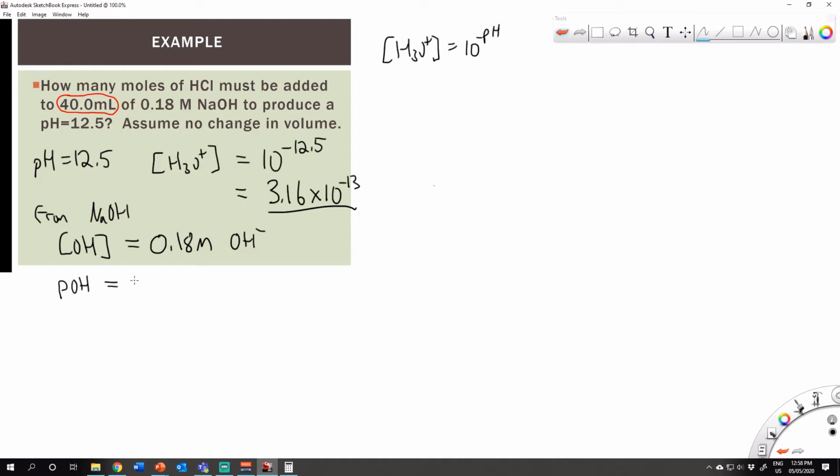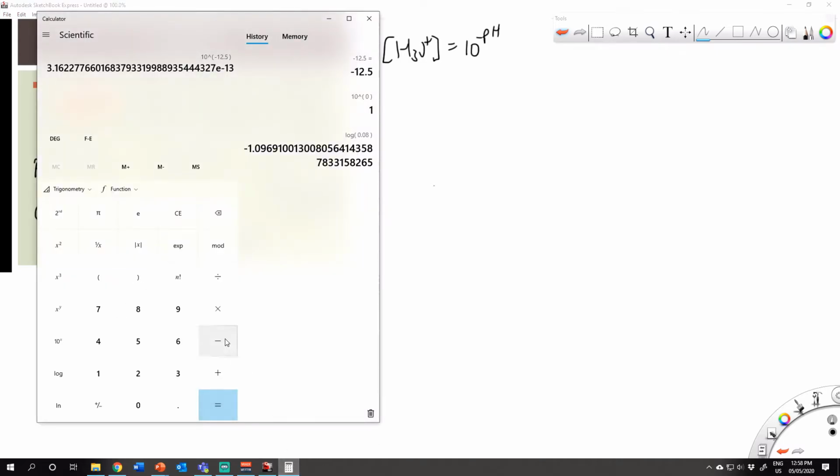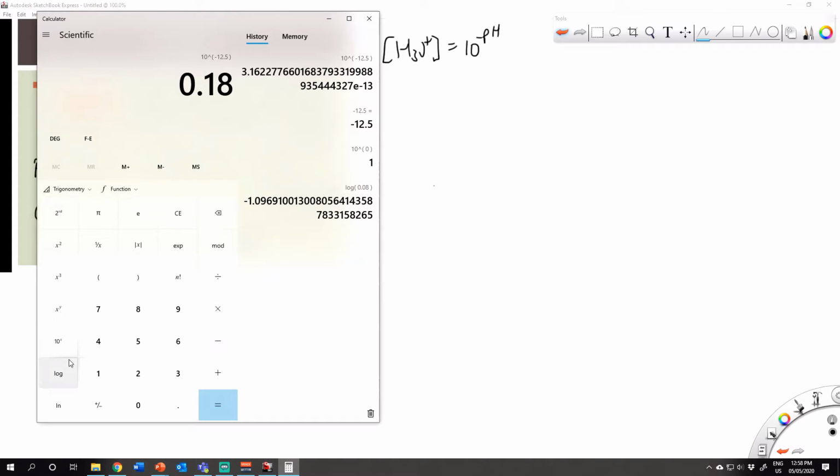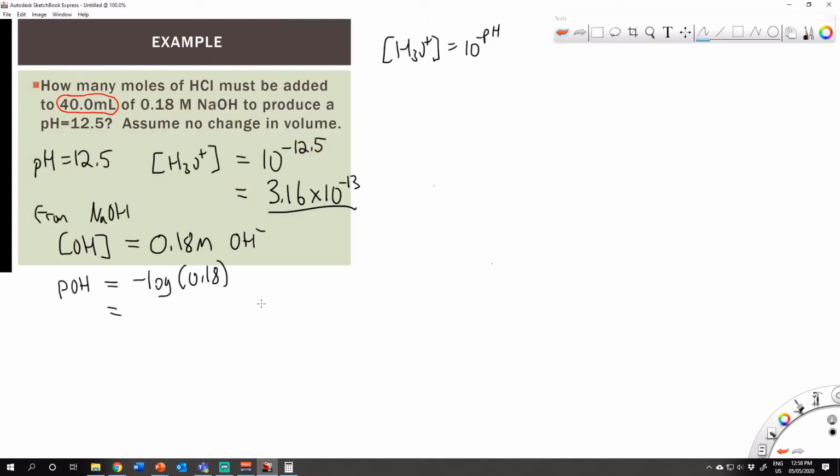The pOH will be the negative log of the concentration, 0.18, which is about 0.74 with two significant figures. That's my pOH.